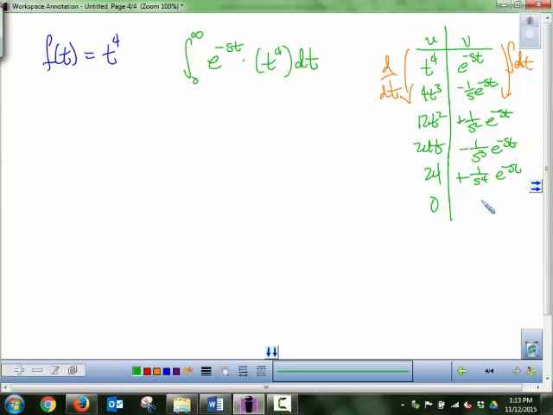Then I don't know if I go one more. I think I go one more. So negative 1 over s to the fifth, e to the negative st. All right, so what I have here is a list of derivatives and integrals, and I combine them by looking not directly across from each other, but one down.